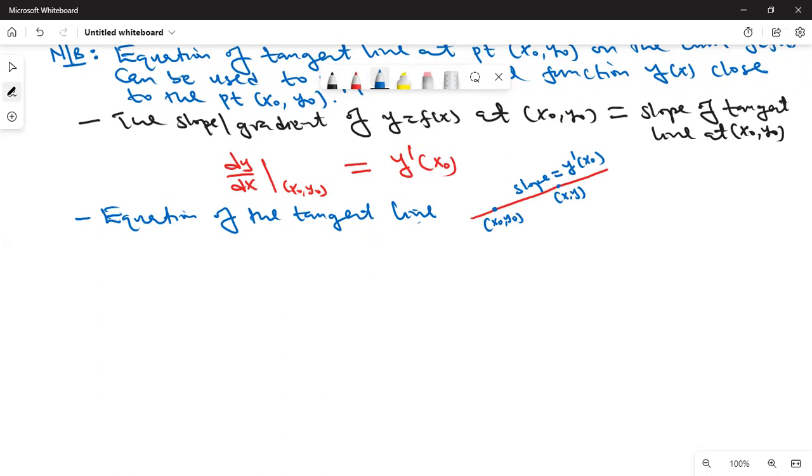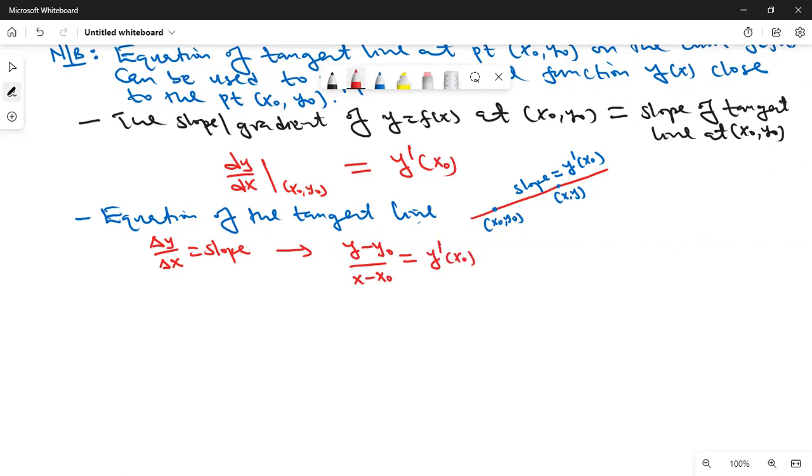When you have those three things, you can find the equation: change in y over change in x is equal to the slope. This simply means that y minus y naught over x minus x naught is equal to y prime at x naught.